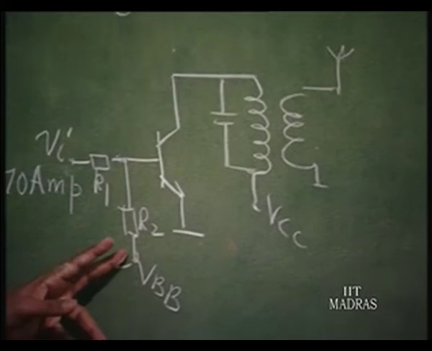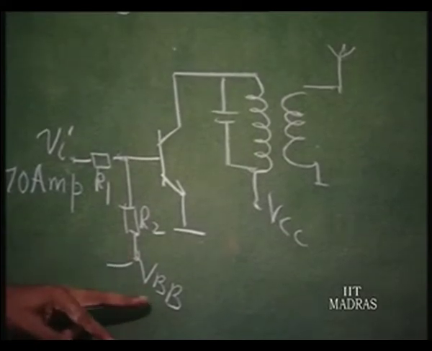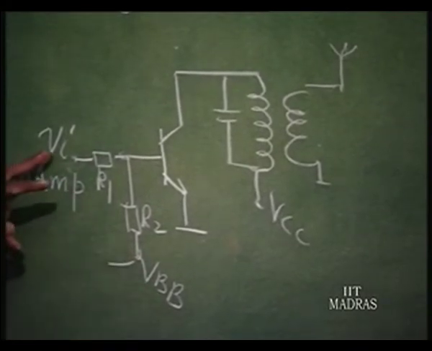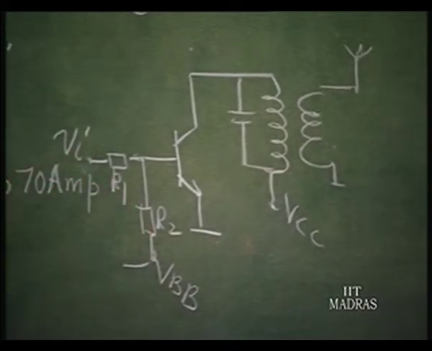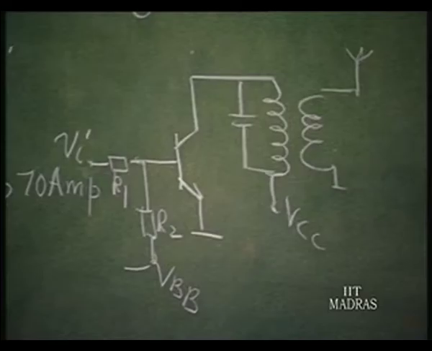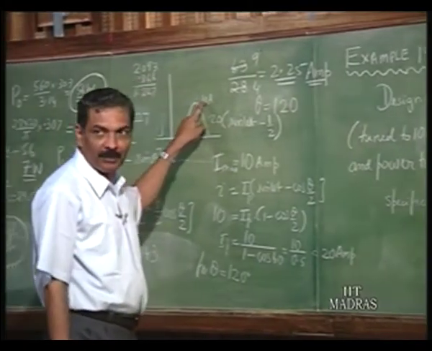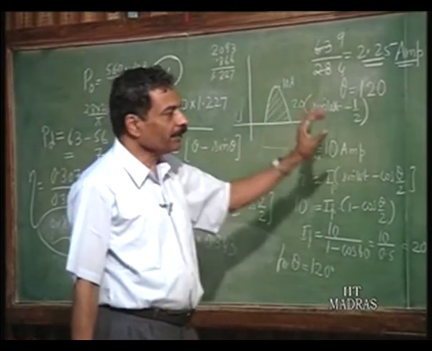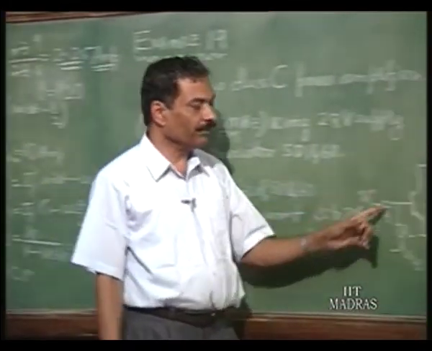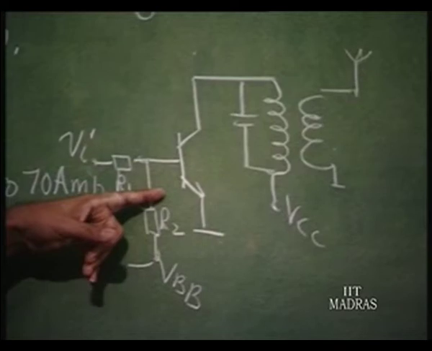The input stage, please remember, you have to now design this value of VBB and this value of VI, R1, R2 in such a manner that this kind of current waveform is coming. 10 amperes divided by beta, let us take a typical value of beta, that shall be the peak current of the current waveform that is occurring in the base. Okay.